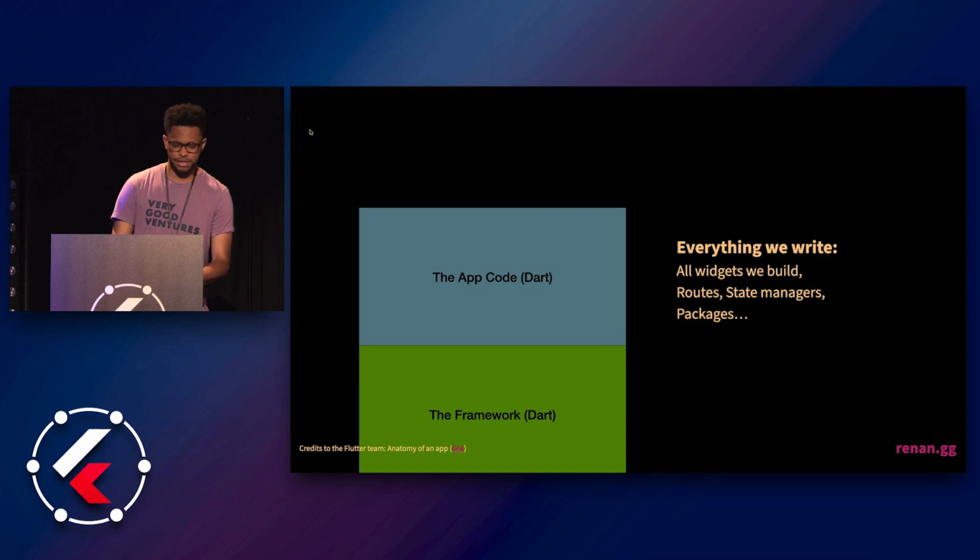Actually, this diagram you can find in the actual Flutter documentation. It's Anatomy of an App. I really recommend the documentation. It's pretty fun. Okay, so when we talk about everything that we write, state management, all the widgets that we write, the Dart packages that we use, they're all in this first layer that we call everything we write. It's the app that we write, everything under lib.